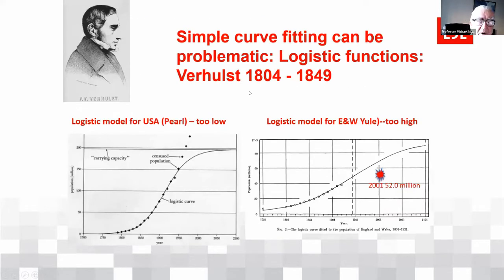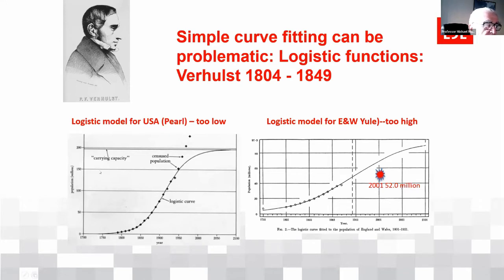Another problem is an example of the difficulties in making a simple trend extrapolation. The logistic model was used before we started making cohort component projections for forecasting population numbers. These are two studies taken in the 1920s, 1930s in the US and in Britain, using the so-called logistic curve.